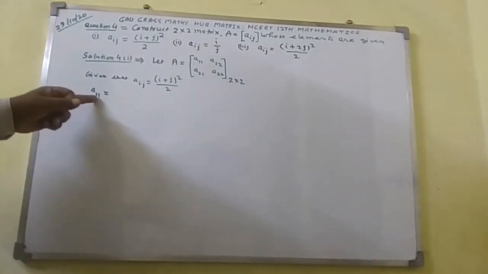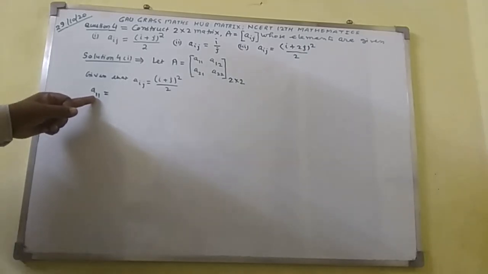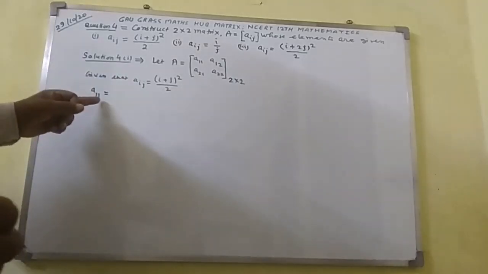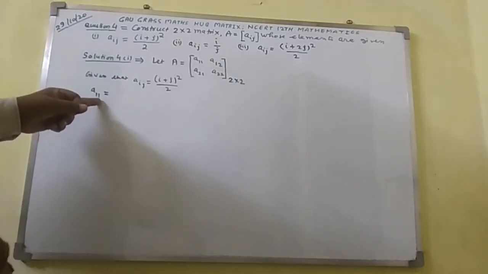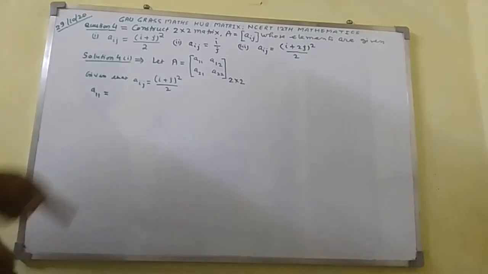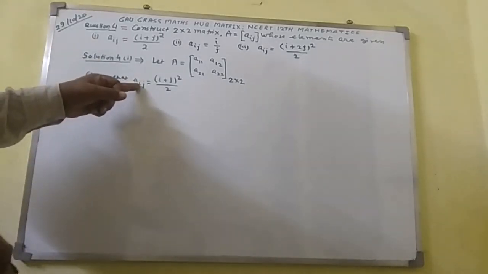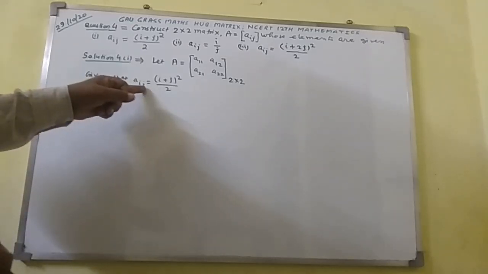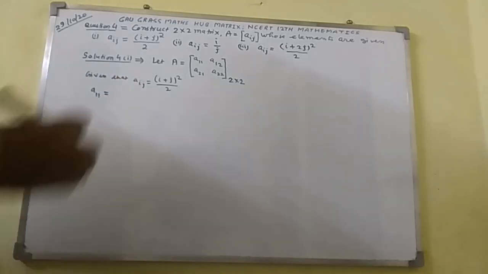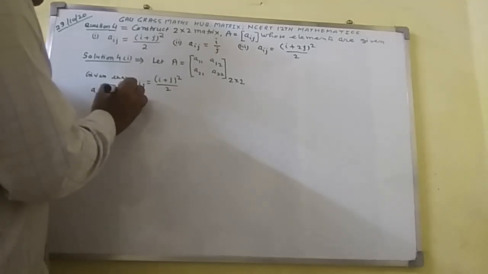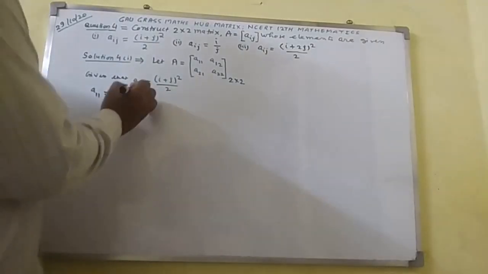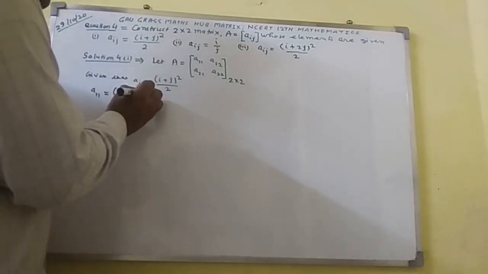Here you can see the first one shows row position i, the second one shows column position j. So in place of i I can write 1, in place of j I can write 1, (i plus j) whole square over 2.